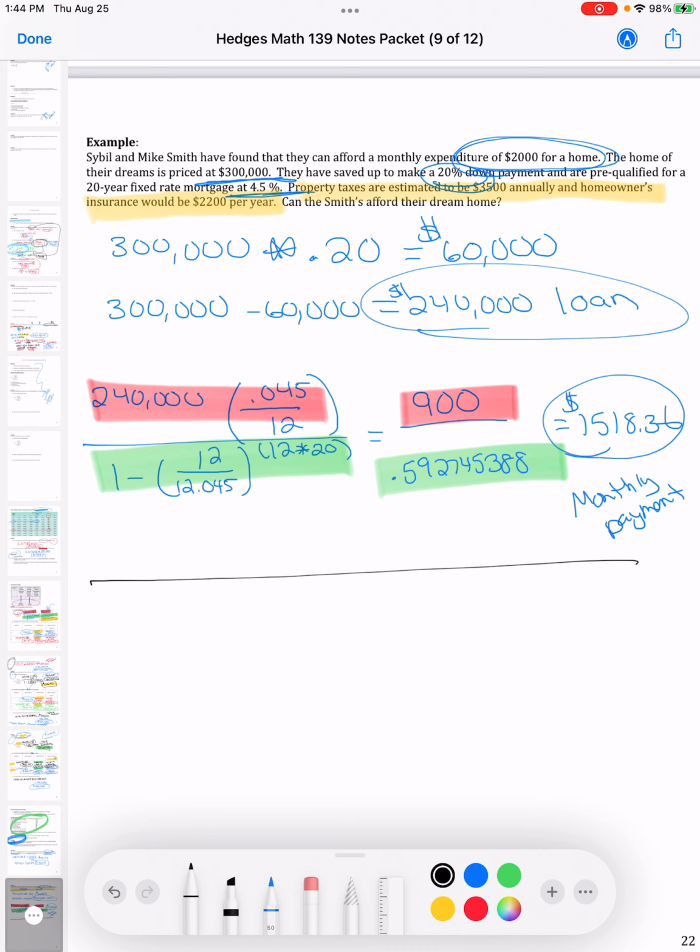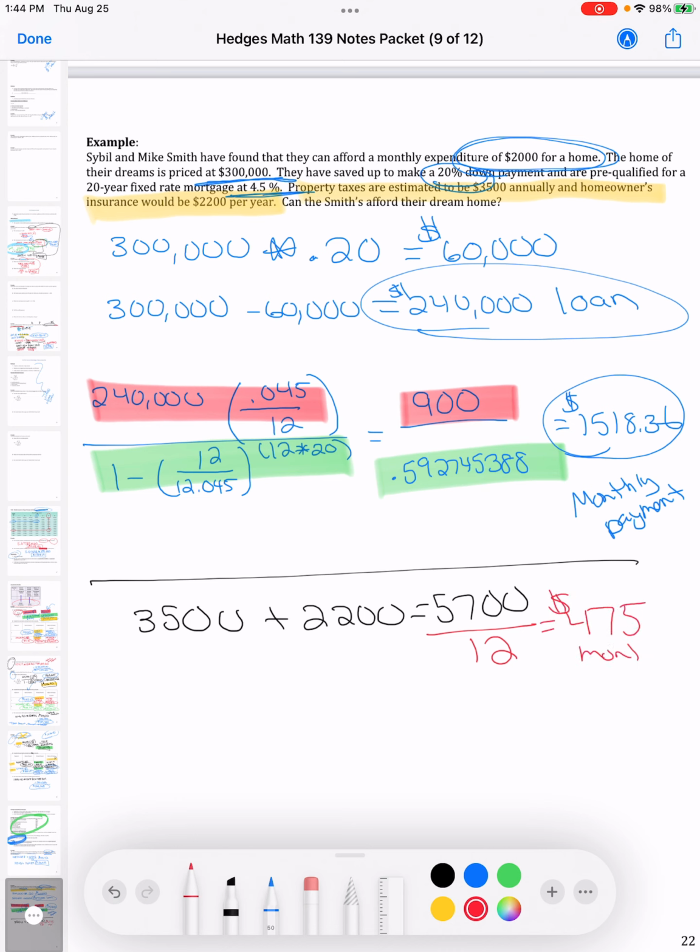All right. So let's see how you did. So the insurance and taxes together costs $5,700. That's for the whole year. I'm going to divide it by 12 to get the months. So that's $475 a month. So I'm going to take my 1,518.36 plus my 475.